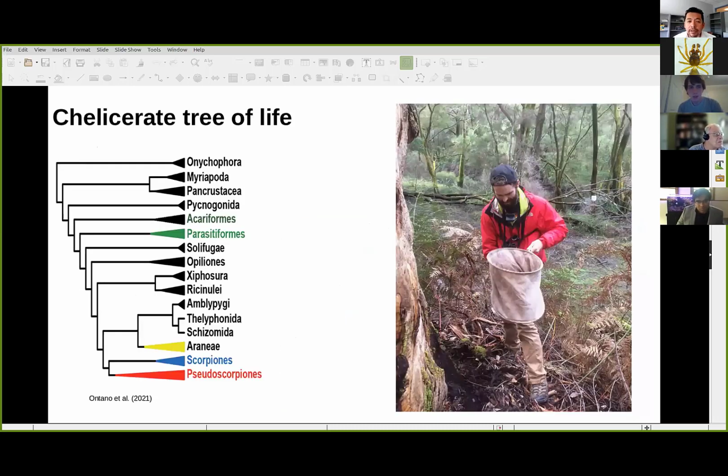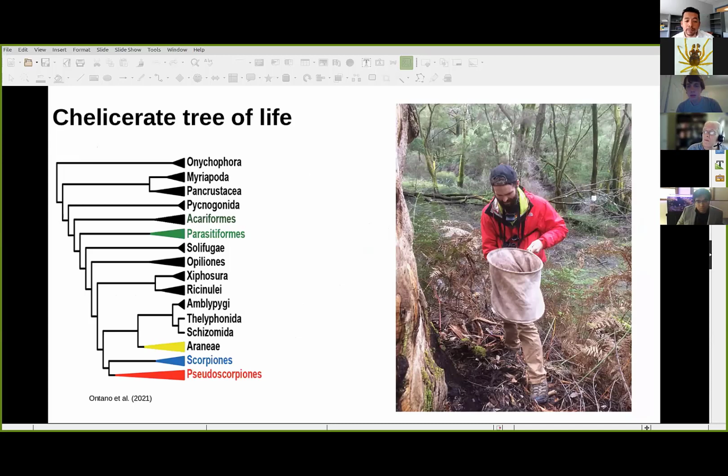And so within the chelicerate group, our favorite group, of course, this is the latest topology of arachnids published recently by Andrew Antano and his team this year. We can see that now Scorpiones is actually a sister group to Pseudoscorpiones in a clade known as Panscorpiones.